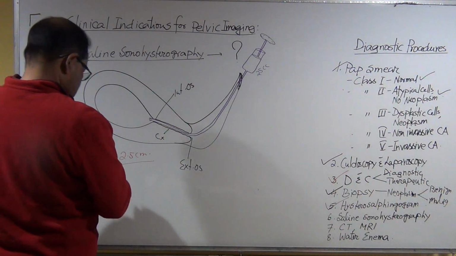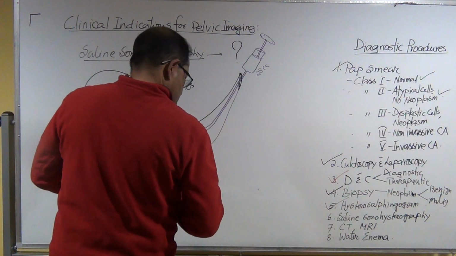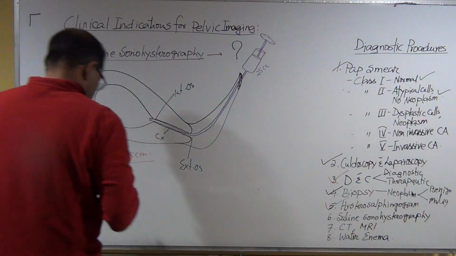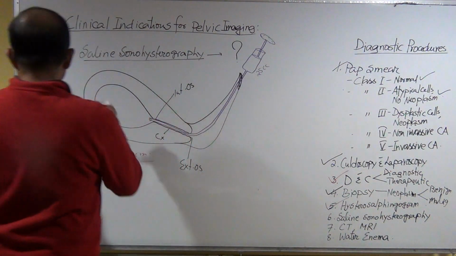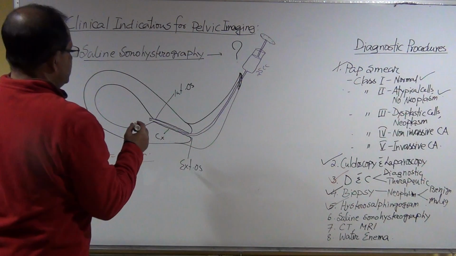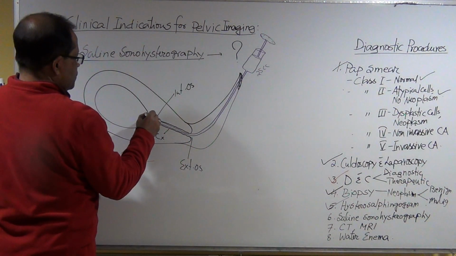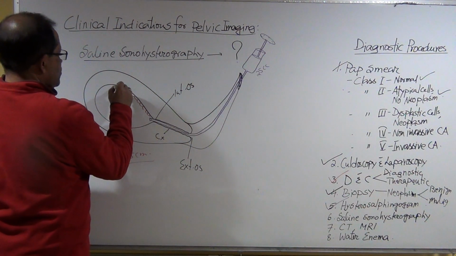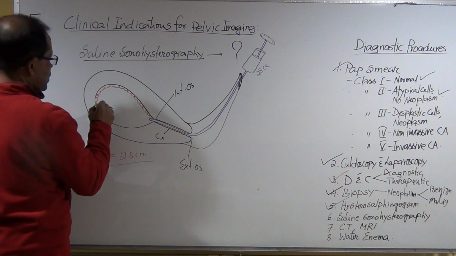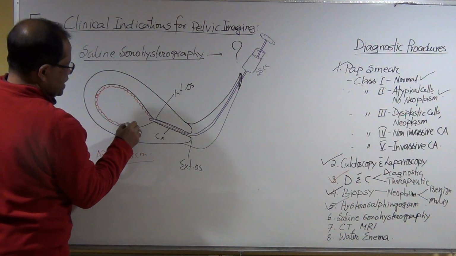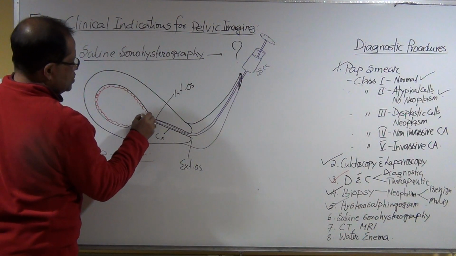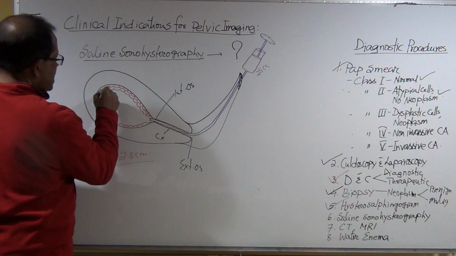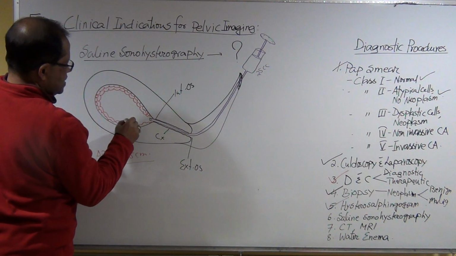Okay, so I'm drawing the endometrial tissue. I always prefer to draw with that red because the red is highly vascular area.